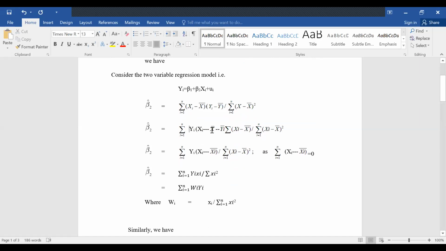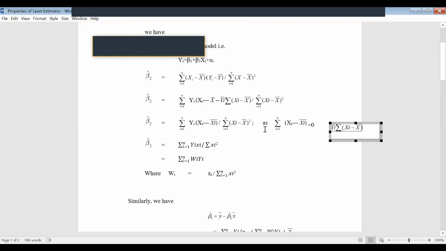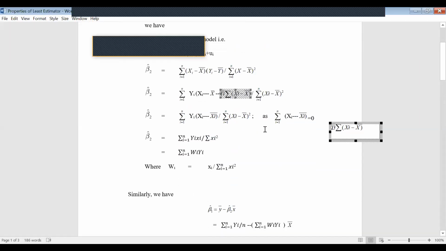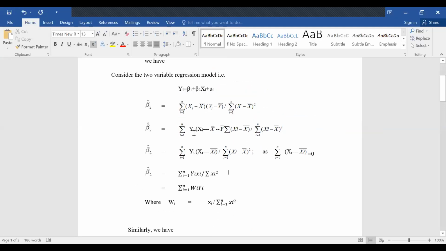So we have summation yi (xi minus x bar), and we also have to multiply y bar with xi minus x bar. So we have yi into (xi minus x bar), and minus, I need a bracket here. Yes, this is minus.